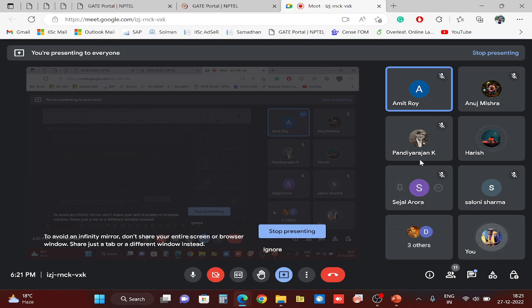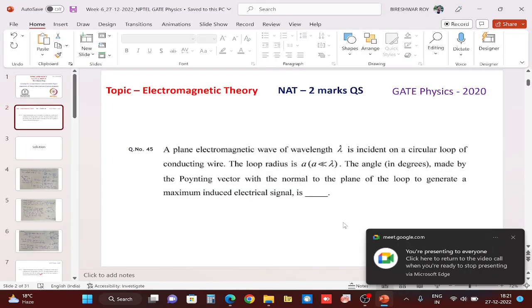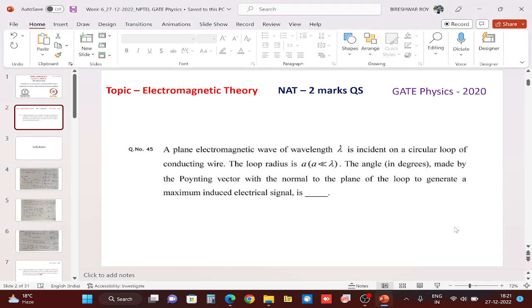Okay, let me help you guys. Sir, I have some idea, this is a conducting wire, okay? So the magnetic field direction will be in the phi cap direction, okay? This is an azimuthal direction. Electromagnetic wave, right? This is not a current carrying loop. This is basically only a conducting wire, circular loop, on which the electromagnetic wave is incident.